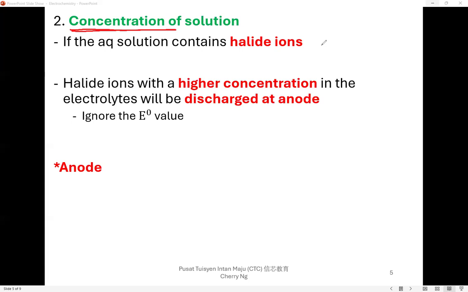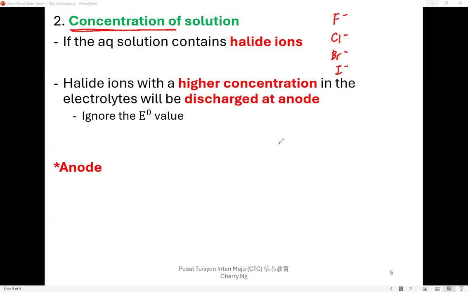So we will ignore the one at the bottom because now they are so concentrated that we have to choose them. So this happens for the halide ions. And which ones are the halide ions? In the series, we have fluoride ions, chloride, bromide, and iodide. So all these are the halide ions.